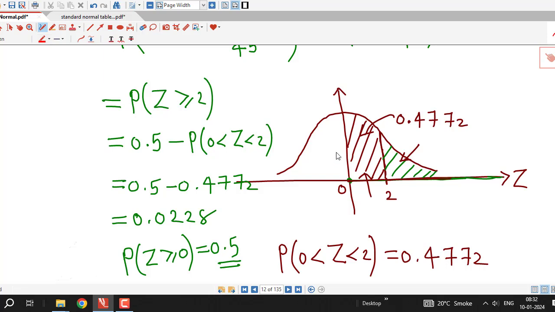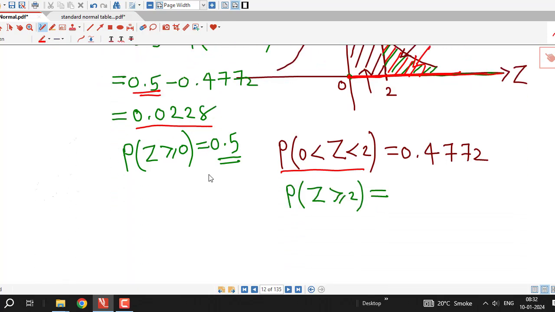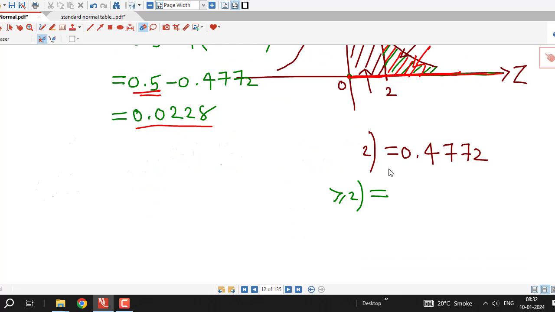We are given the area between 0 and 2, that is we are given this area, and we know that area to the right side of 0 is 0.5, and we are interested in this area. So this area can be obtained by subtracting this 0.4772 from the total area to the right side of 0, which is 0.5, and we find the required probability as 0.0228. So be careful while using this type of tables.